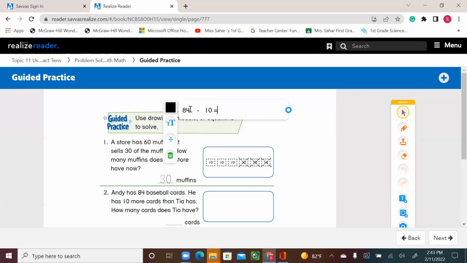And my 1s remain the same, 4. So 84 take away 10 equals 74. So I put this down. Then write 74. So Tia has 74 cards because she has 10 less than Andy. Right, 74.